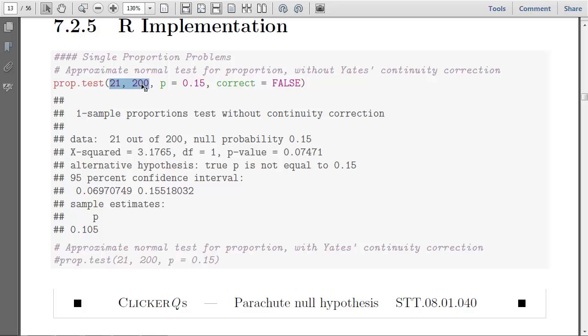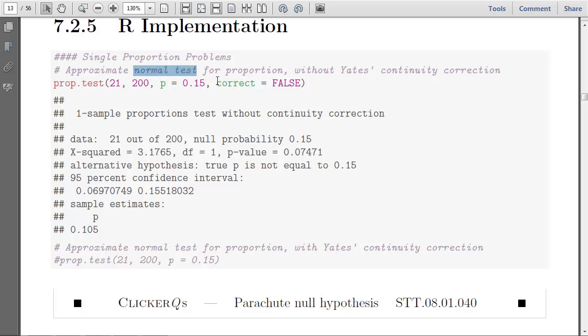The arguments here are the number of successes, 21, out of 200, that's the total sample size, p equals the hypothesized value, and whether correct equals true or false. So this is one of those issues where if we say false, then we can use the standard normal hypothesis approximation that you would have learned in Stat 145.